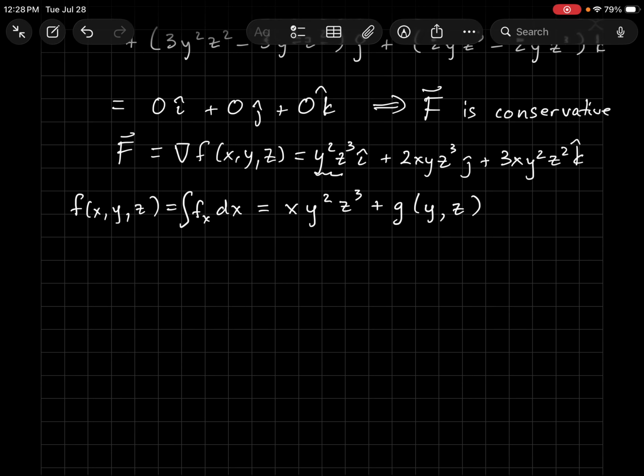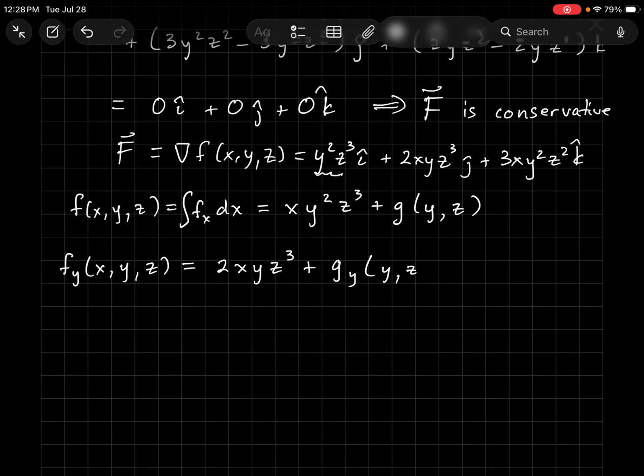Now, taking the partial of what we just found, but with respect to y, we get 2xy z cubed plus the partial of g with respect to y of yz. But I know from right here up that equals 2xyz cubed. What does that tell us?